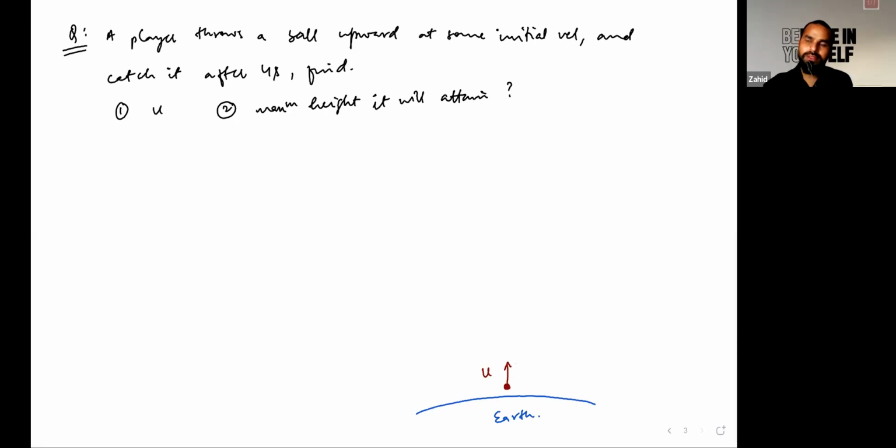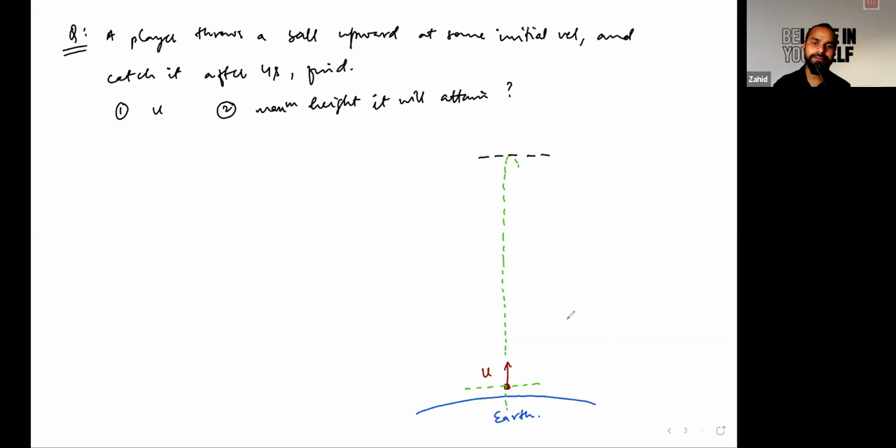In any problem, try to define the origin to be the point of throw of the body. So take this to be the origin. Upward, all quantities will be positive along this direction till its highest point. Suppose this is your highest point.